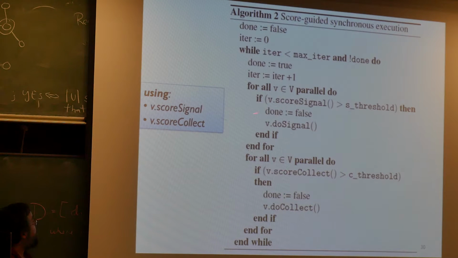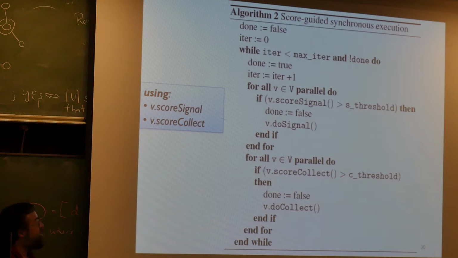So what do these mean? Basically, instead of just doing all the signaling and then doing all the collecting, we'll do signaling for the ones that pass that threshold, and we'll do collecting for the ones that pass that threshold.